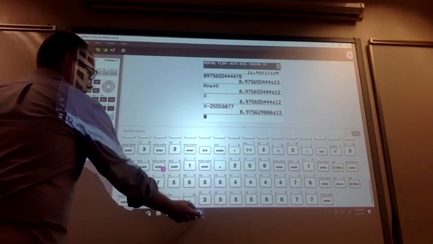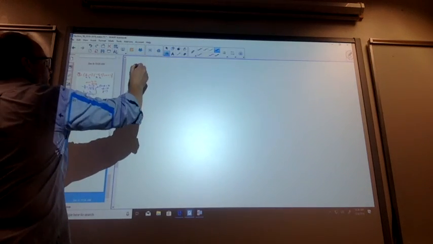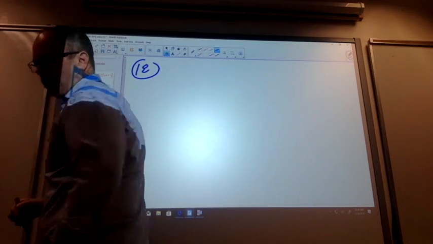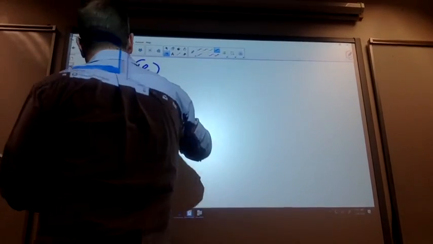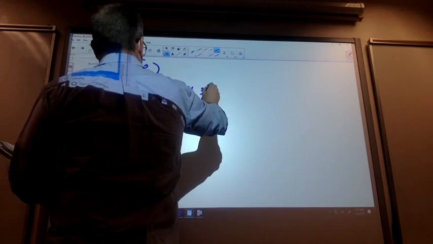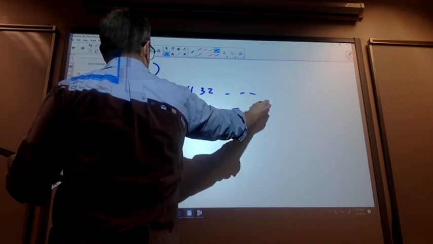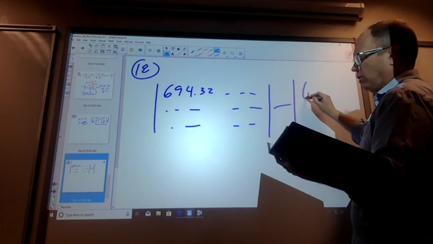Subtraction. Okay? So on 18, all you're doing is creating your matrices, and I'd plug them into the calculator, because why do the arithmetic by hand? You have 694.32, and there's more here, here, here. Then I would subtract it from whatever this matrix is.